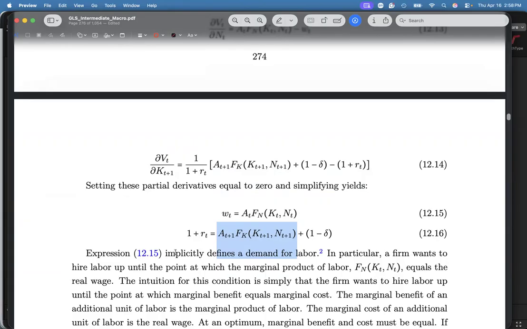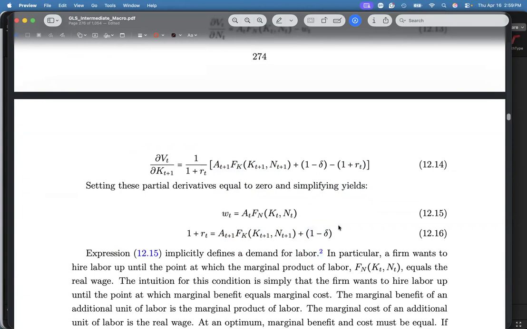1 plus R. So again, this has the same marginal cost, marginal benefit interpretation. Okay. If you hire one more unit of KT plus 1, what do you get? You have more output. Ba? Your income goes up by this much. Why does your income go up by 1 plus delta? Because yun nga yung natira sa'yo in the future, right?